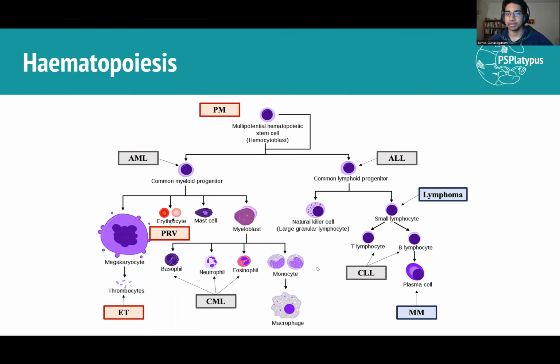But they are obviously errors in formation. And then there's multiple myeloma down here, which we will talk about. Polycythemia rubra vera, essential thrombocytosis, and we'll cover a few other things that are not as easily classified on this chart.